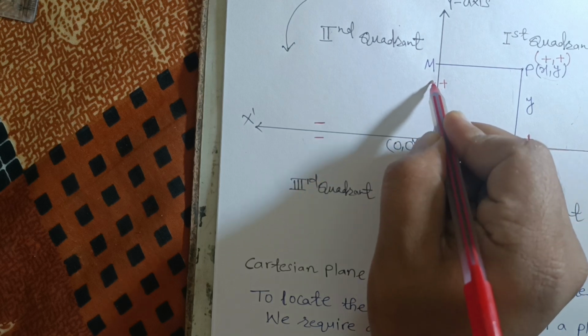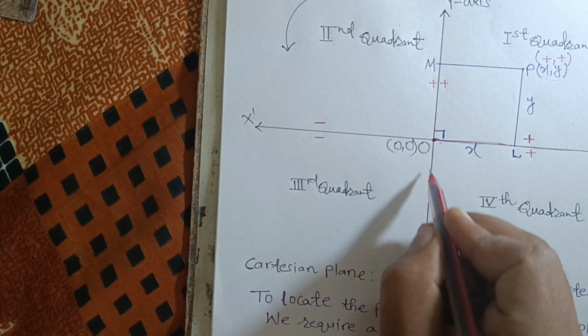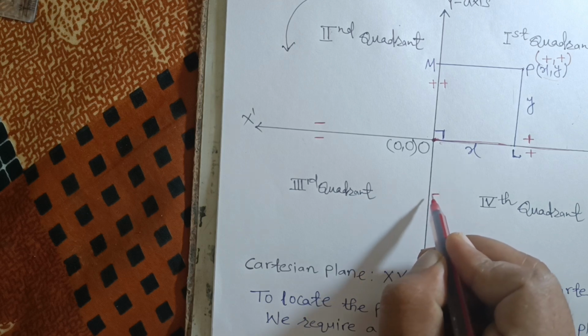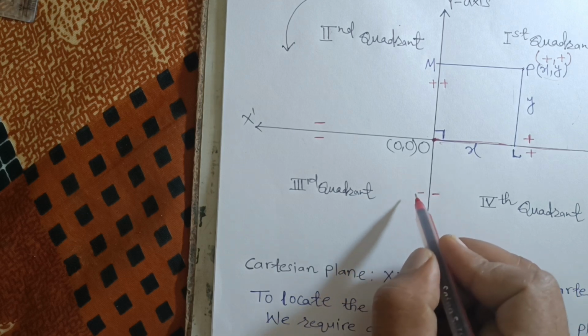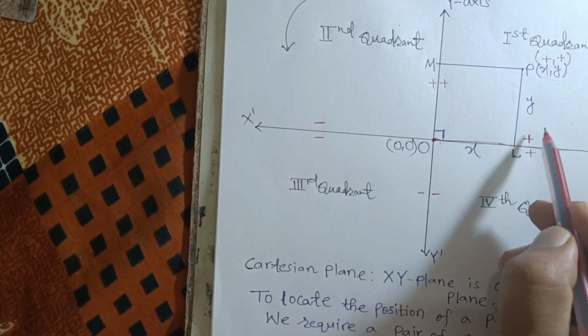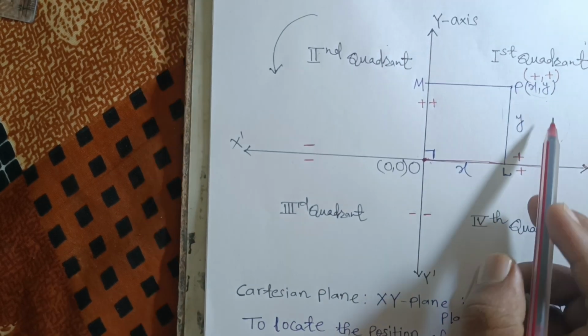Below x-axis, part of y-axis is negative. So we take sign of first quadrant as plus, means x y both positive.